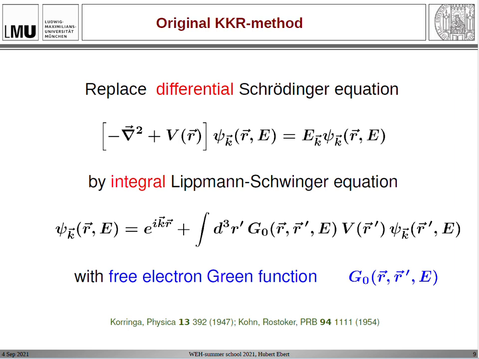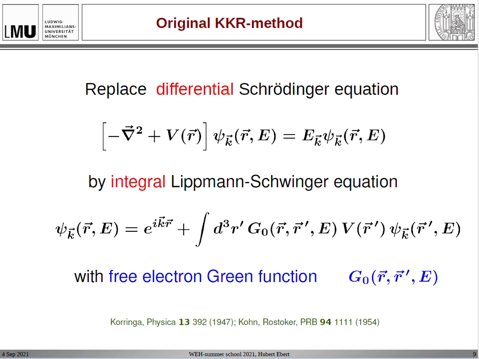And you can easily see, with the various functions showing up here and the potential being identical to here, that if you plug in that solution up here, then you also get the proper solution to the Schrödinger equation. That means it's really an alternative to work with the Lippmann-Schwinger equation instead of working with a differential Schrödinger equation.